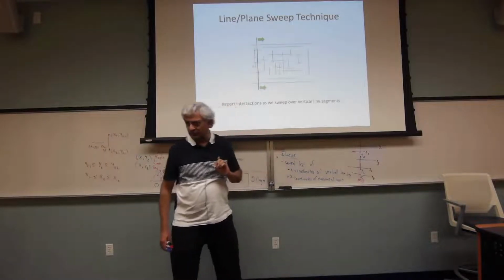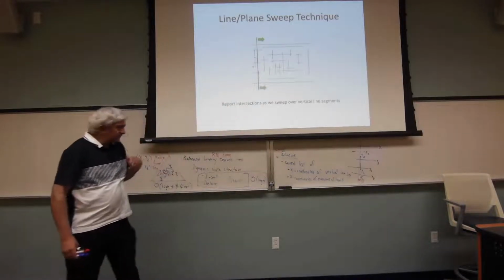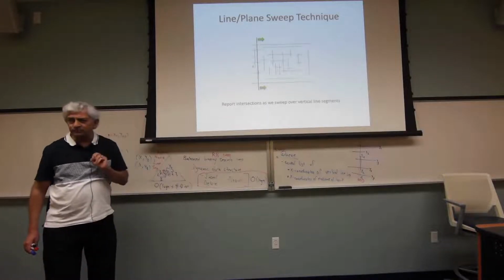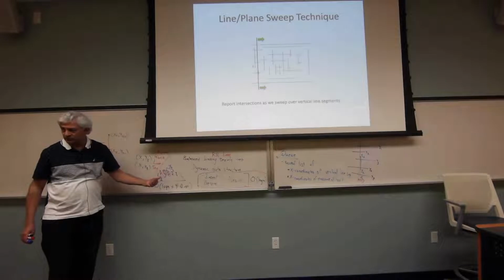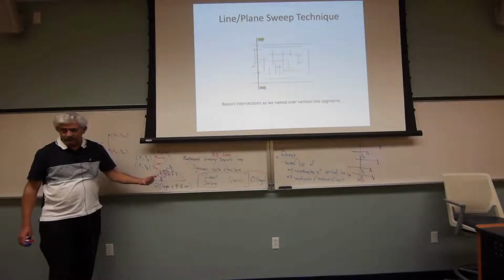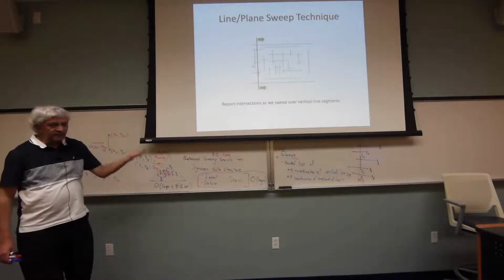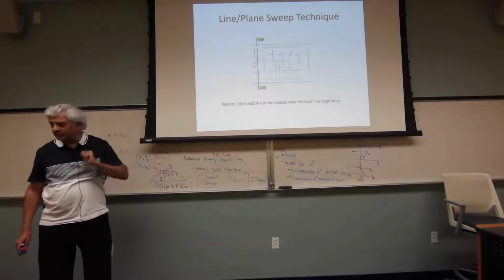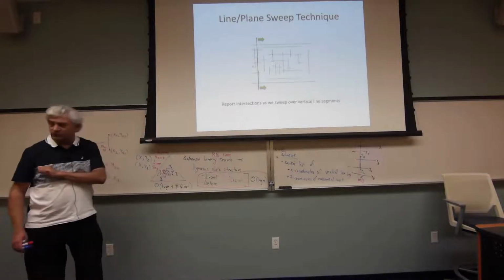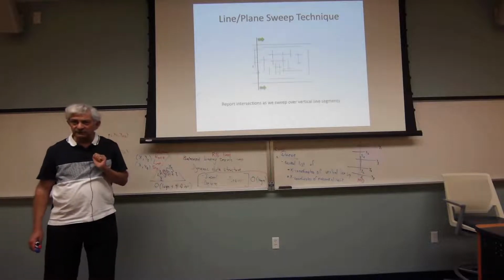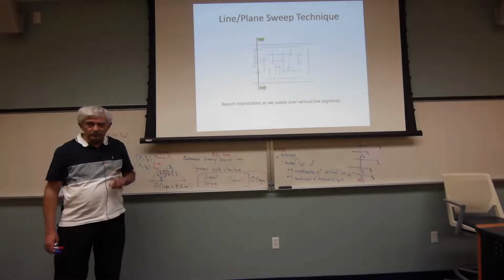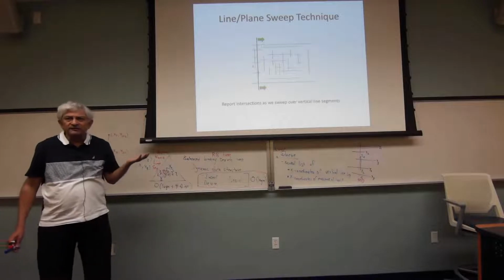So we'll go to the first event. If that first event is a left-hand point of a horizontal line segment, we're going to insert it into the data structure. If the next event we have is the end point of a horizontal line segment, we'll remove it from here. If it's a vertical line segment instead, we'll do the job of reporting anything that it intersects.